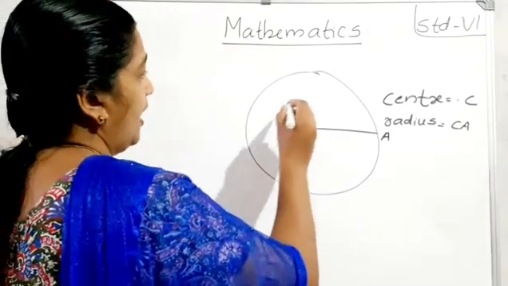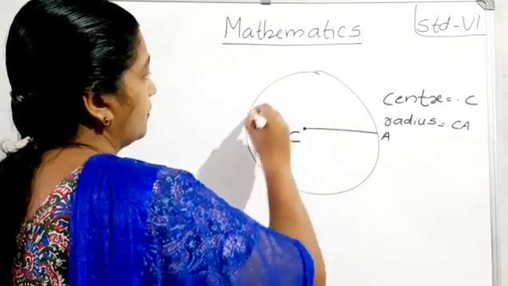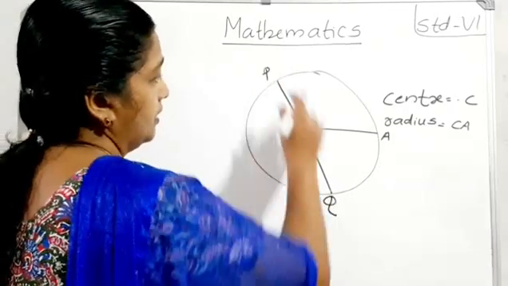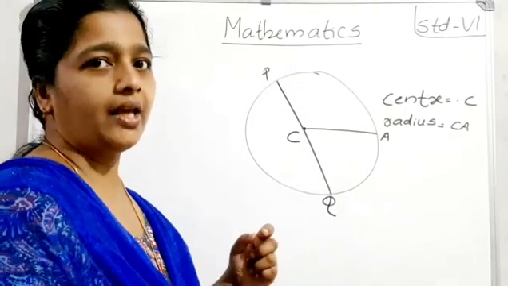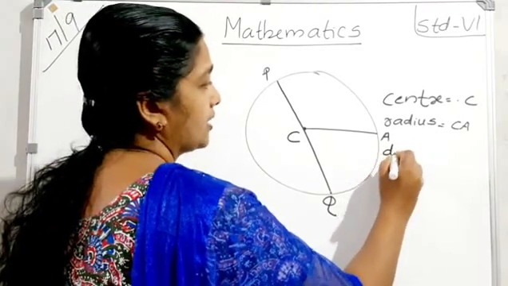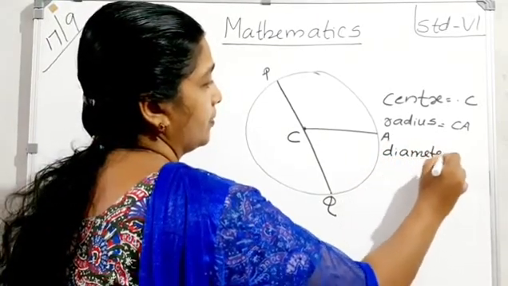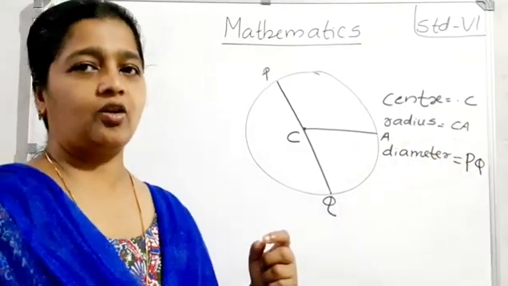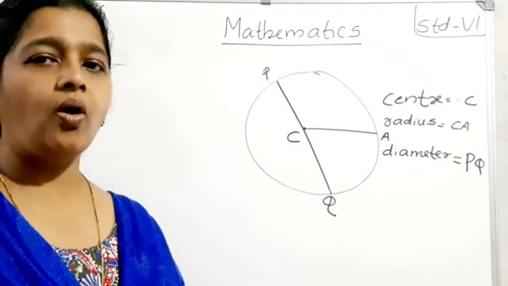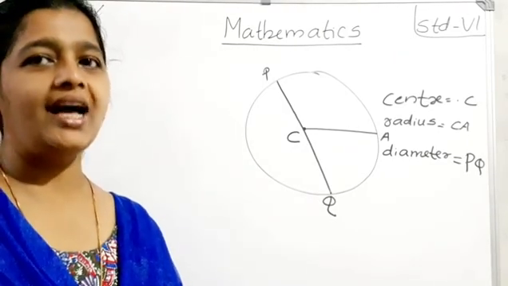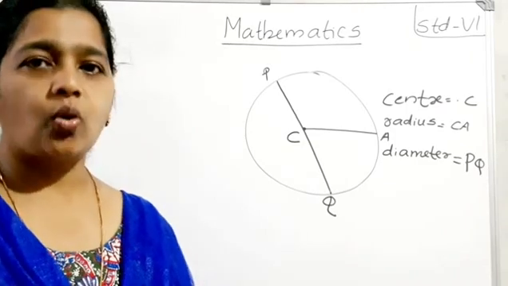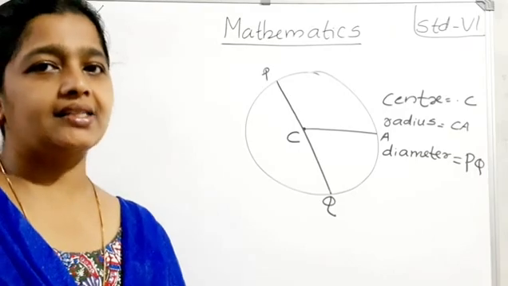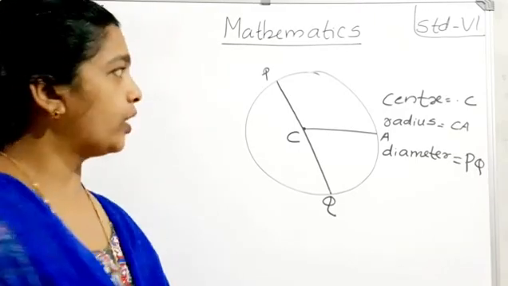Next, I draw this longest line segment, PQ, that is known as the diameter. The diameter is the longest chord passing through the center of the circle. Then what is a chord? The distance between any 2 points on the circle is called a chord.